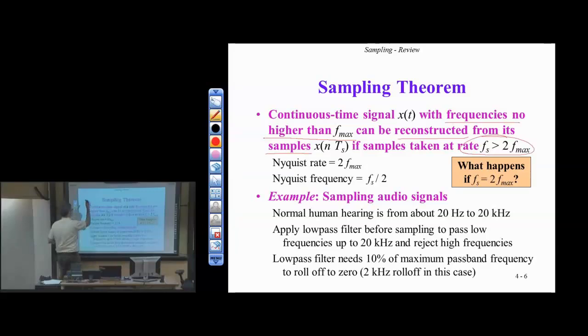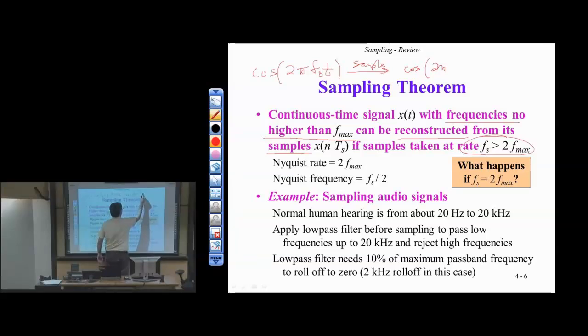All right, so let's do the cosine. If we sample the cosine, if I have fs equal to 2 f max, oops, try again.